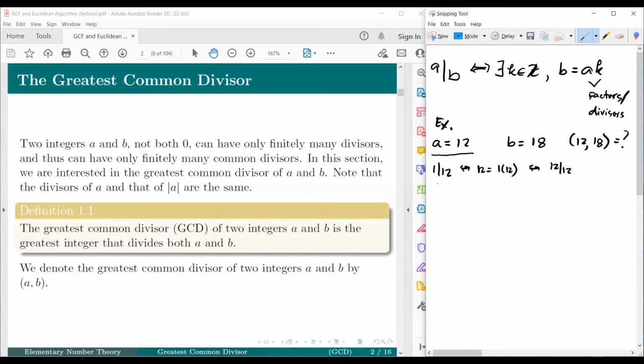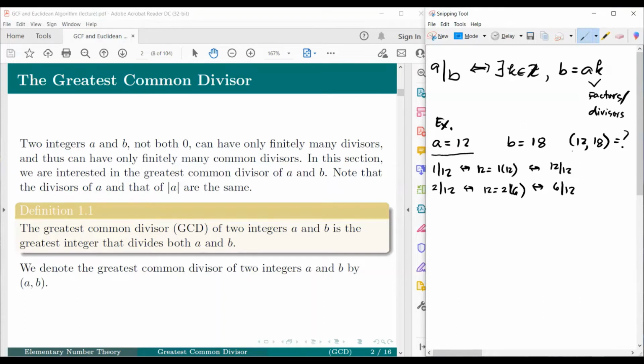So we now have two divisors, 1 and 12. Another one, 2 divides 12. Why? Because 12 is equal to 2 times 6. Follow? Therefore, from this, we can also say that 6 divides 12.